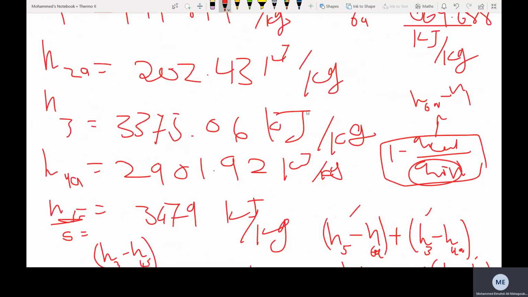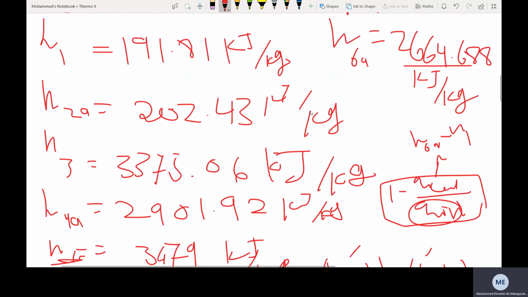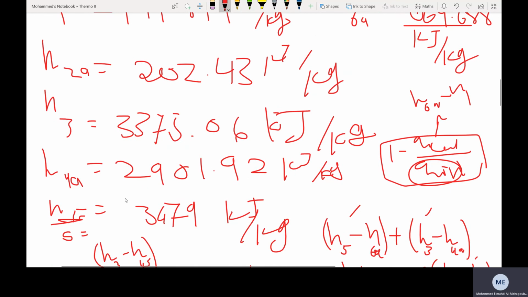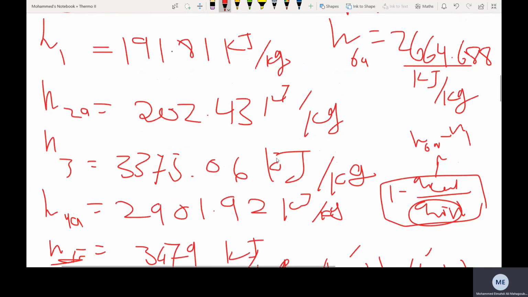So 3479 minus, and what was H6? H6 is 2664.688. Then plus, always put the brackets, don't forget them, and then plus the second work, which is H3, 3375.06, minus 2901.92.